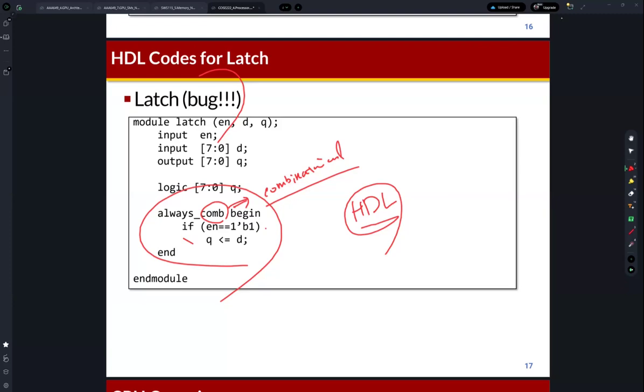So in this example, En is a 1-bit signal, which means that it has 1 and 0. Those are all possible conditions. So we need to define the output for input 1 and input 0, all possible conditions.